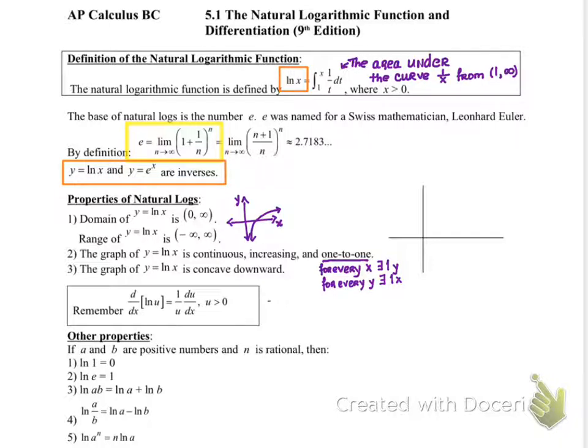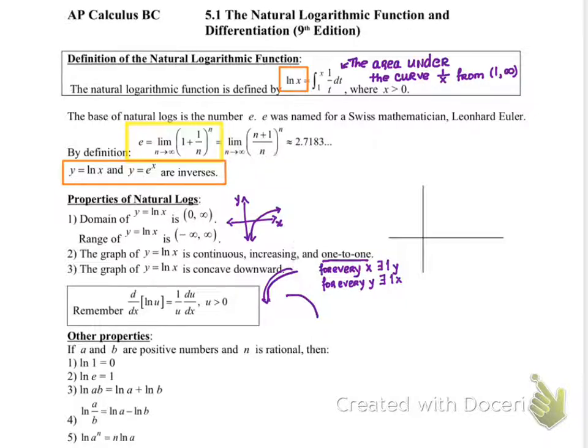Anything that is concave down, if you were to drop a penny on that surface, it would roll down and off of that surface. That's what concave down means.